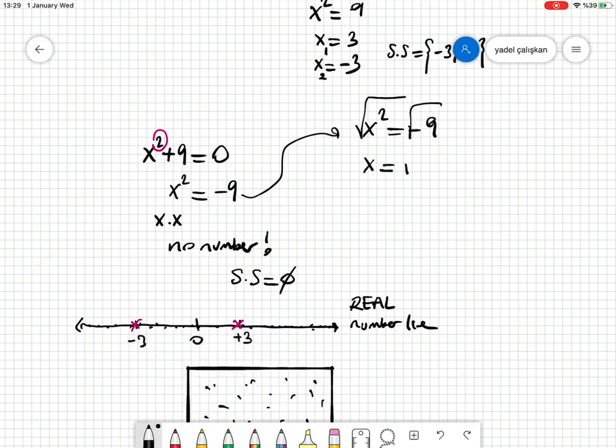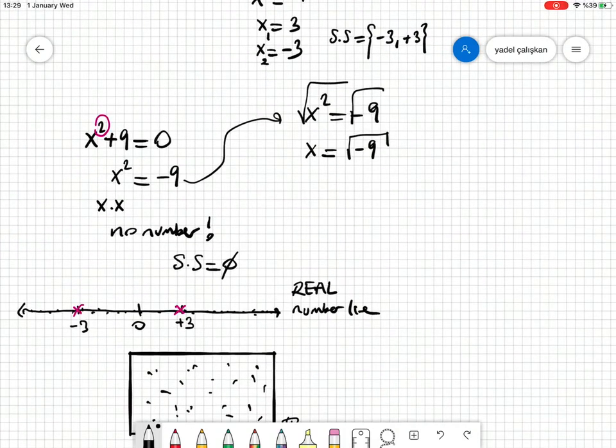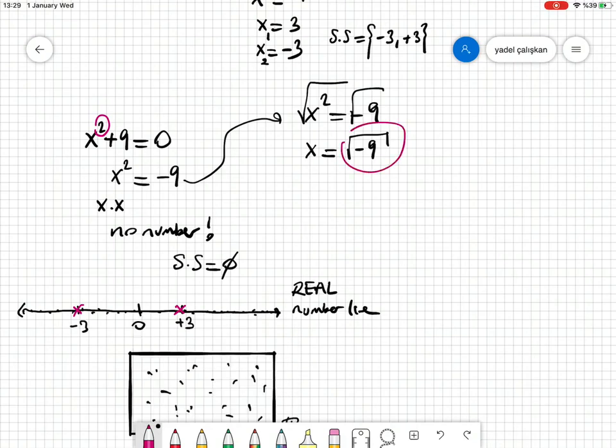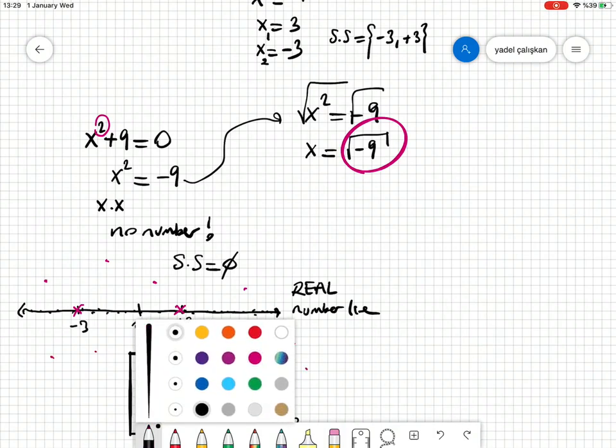Then someone found a new idea about this issue. He wanted to take the square root of both sides and find such an expression. Is this a number? We can say now this is not a real number, so there is no place on the real number line for these numbers, but perhaps outside of the number line.